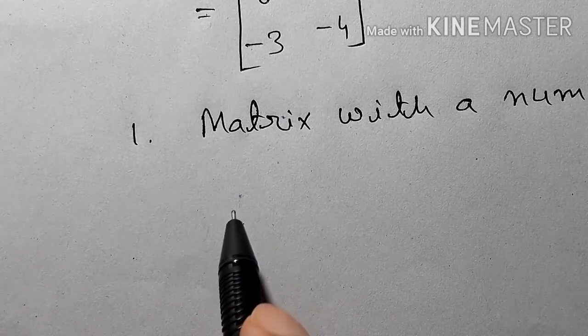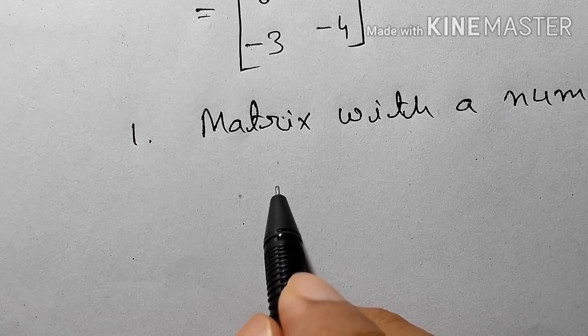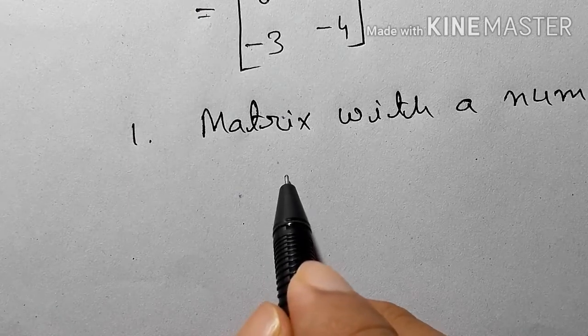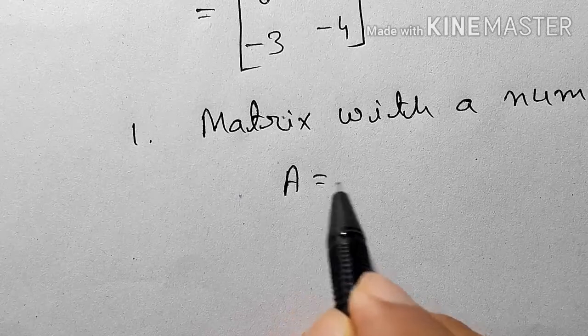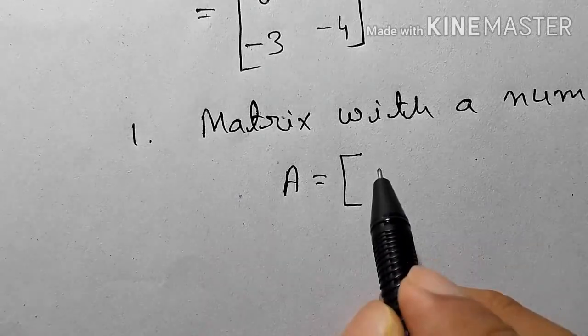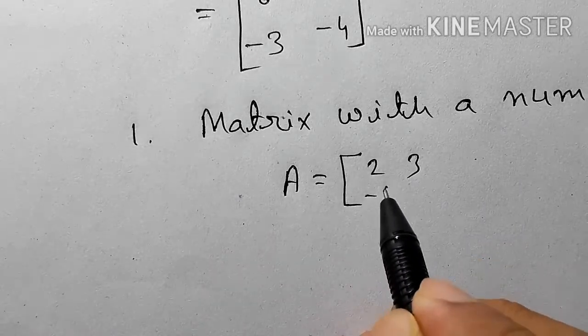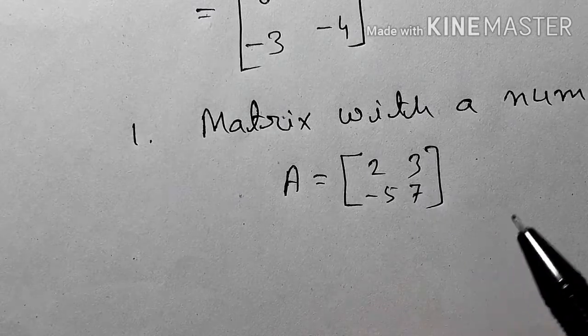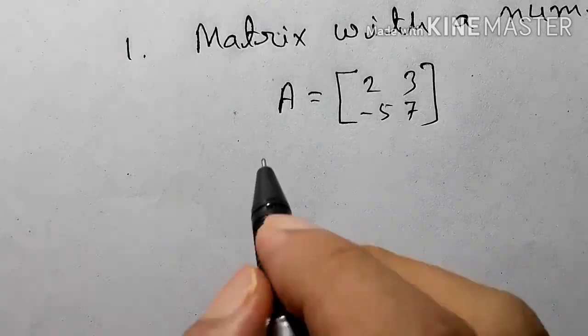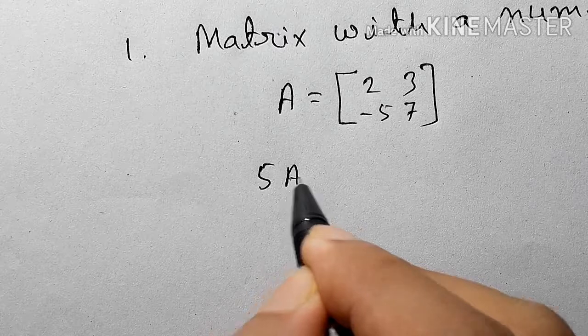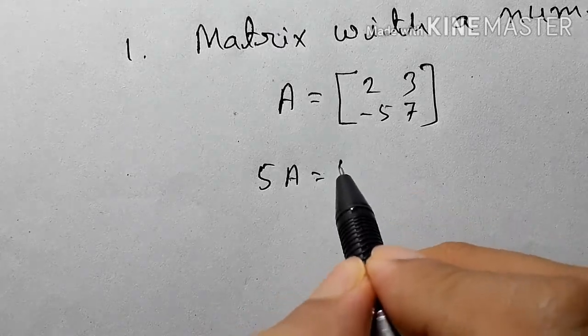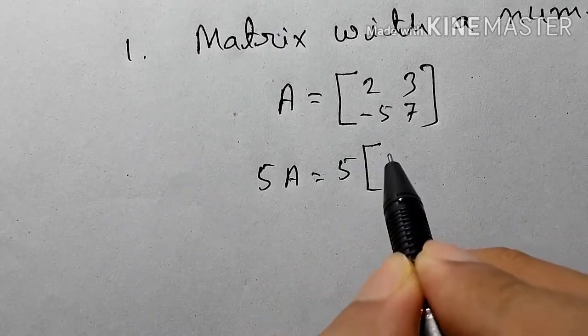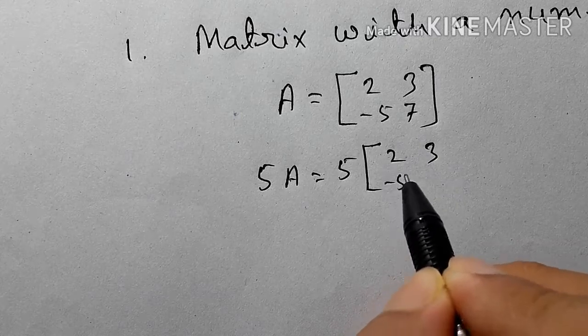Taking an example like this, first of all consider a matrix 2, 3, minus 5, 7. Now 5A equals 5 into 2, 3, minus 5, 7.